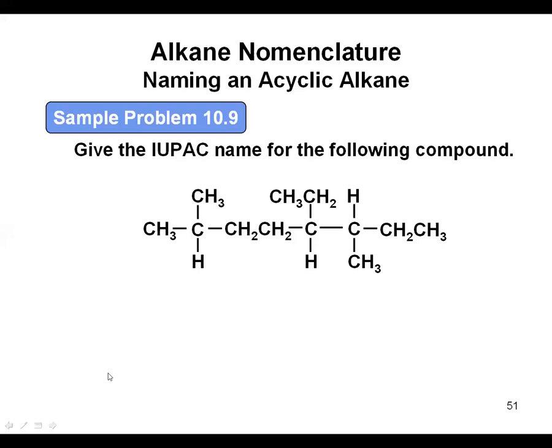All right, so we were talking about how to go about naming these guys, and here again we want to look at our structure and count the longest continuous carbon chain. So if we just go straight across, we got 1, 2, 3, 4, 5, 6, 7, and 8.